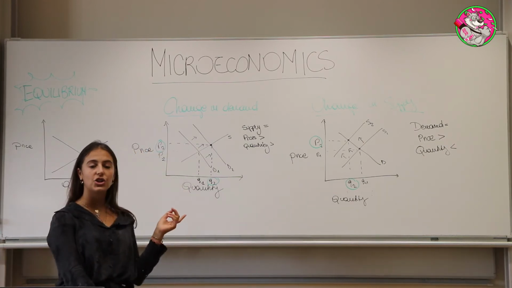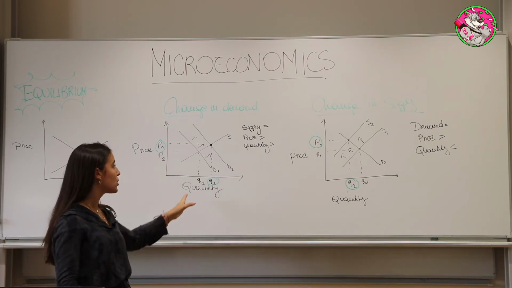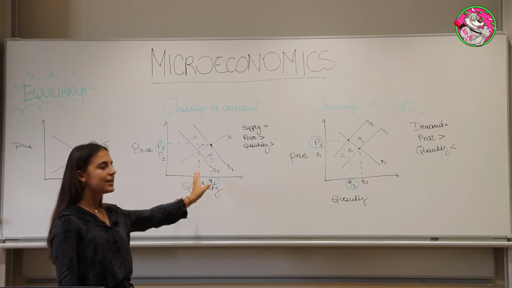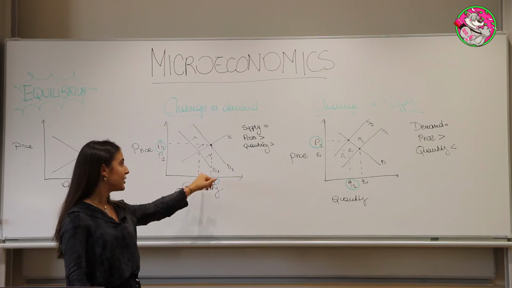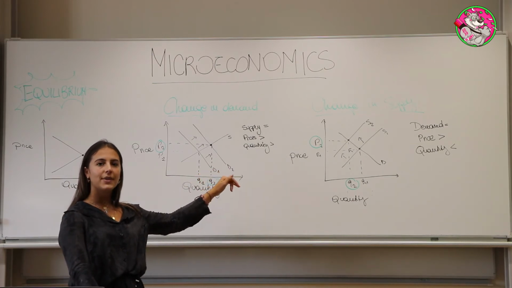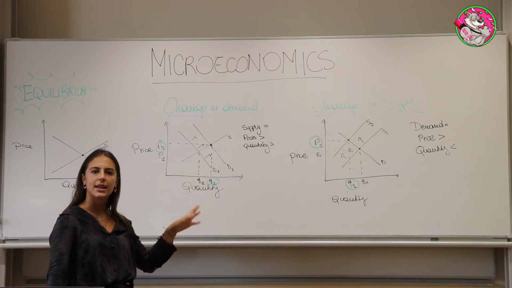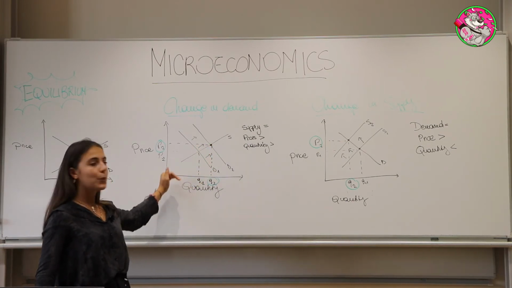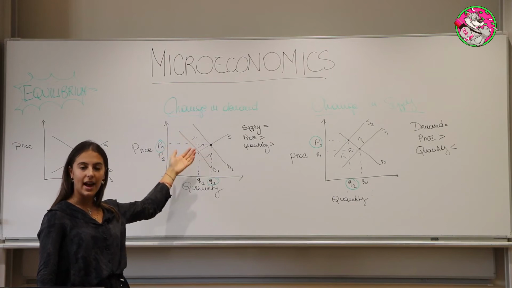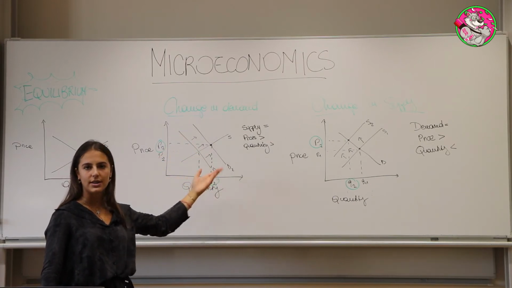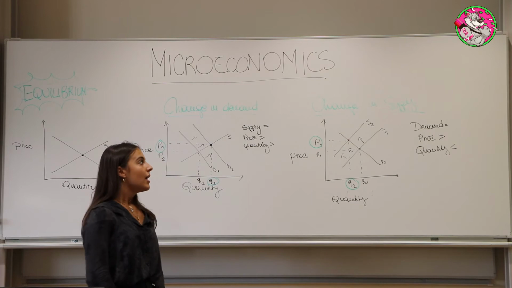If we have a change in demand, so let's suppose the quantity demanded is more, our demand curve will shift, but then what happens? It happens that supply remains the same, but the prices will get higher, and of course quantity will get higher as well.